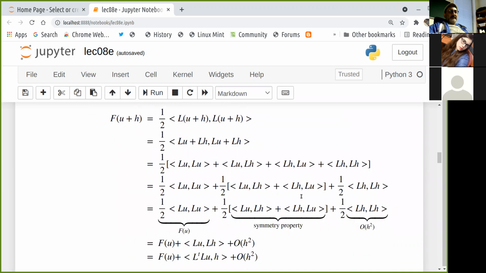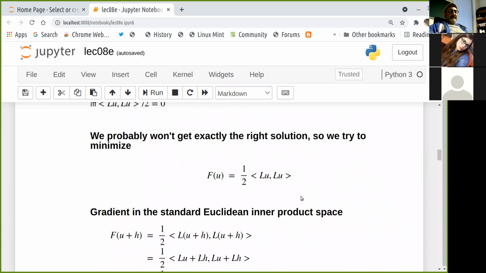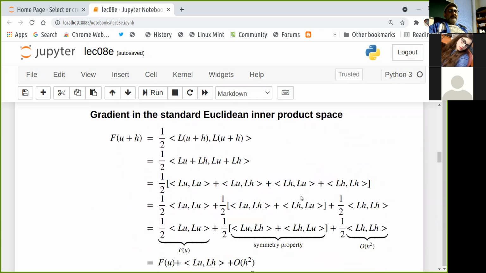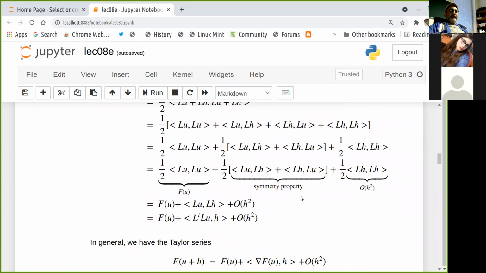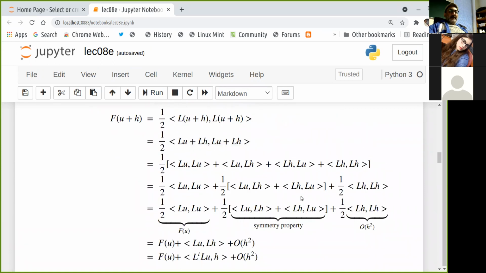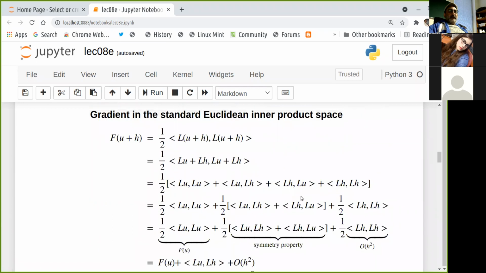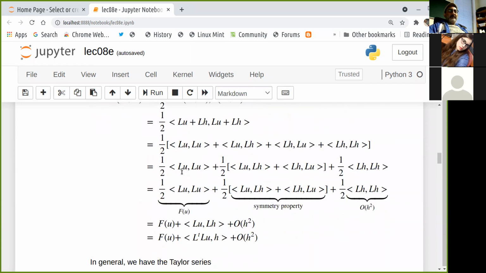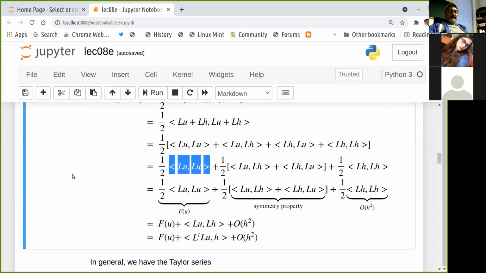And then I'm going to use this steepest descent scheme to do the problem. So if I take f of u, we can take f of u plus h. What we will get is, if you replace u by u plus h everywhere and then expand inner products in the usual way, you'll see that you're recovering your original inner product.